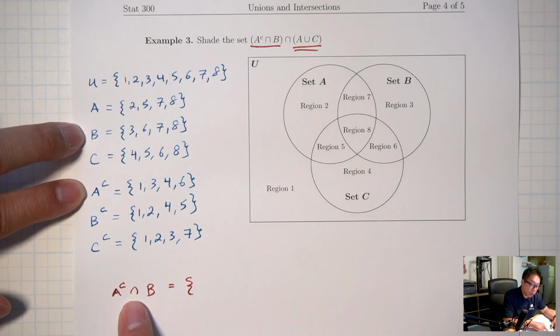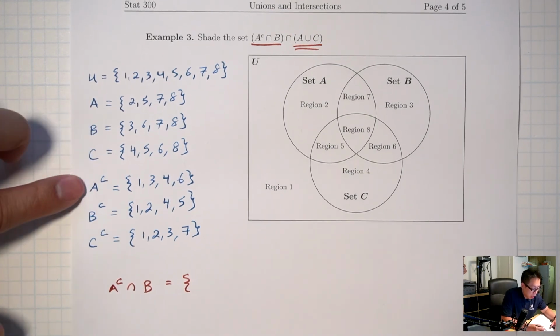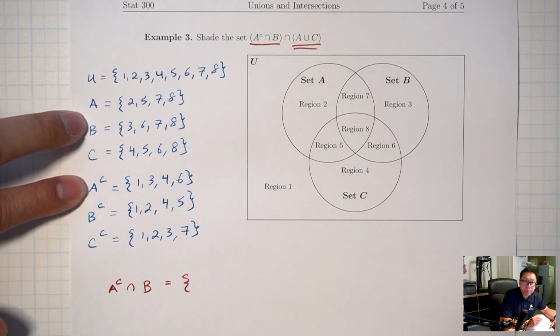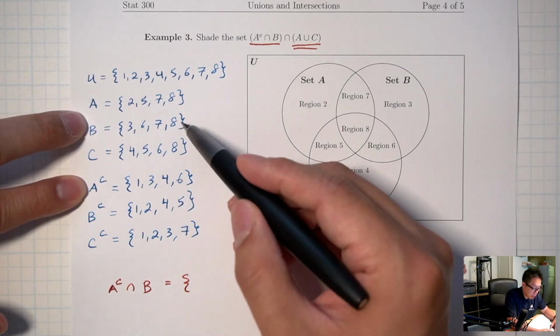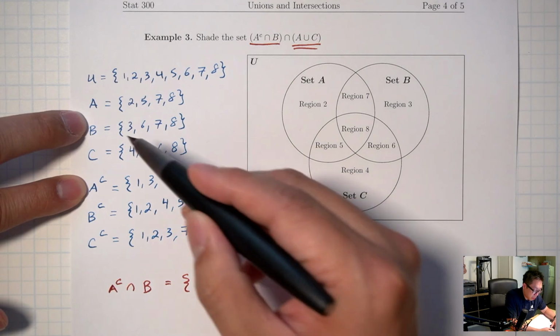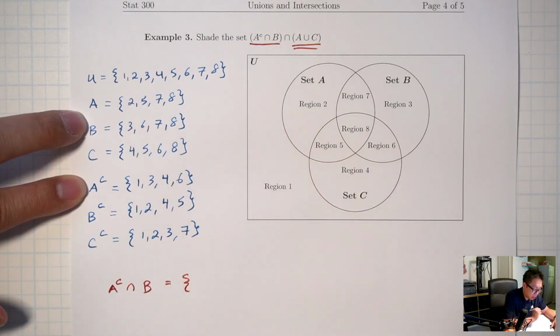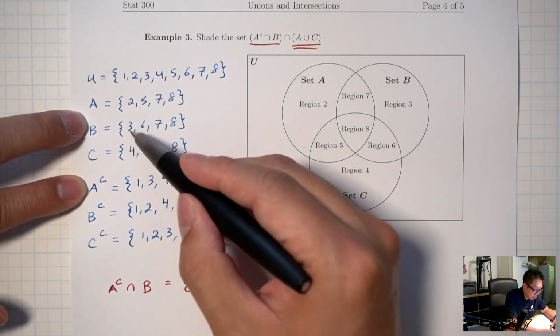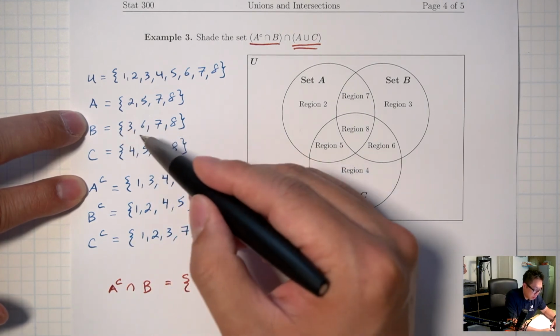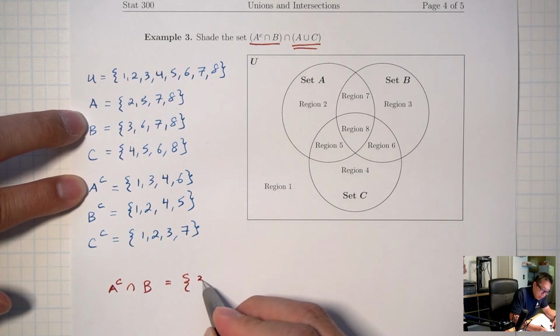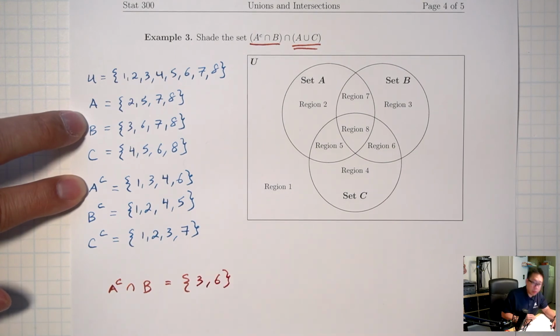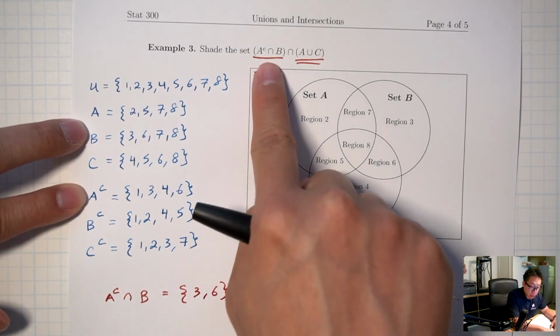Upside down U is overlap, so this is the intersection. So I want the overlap of A complement and regular B. What numbers are in both of these sets at the same time? 3 and 6, I think. 3's in both, 6 is in both, and that's it. So 3 and 6. That takes care of the set on the left.